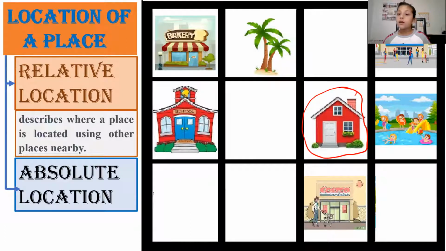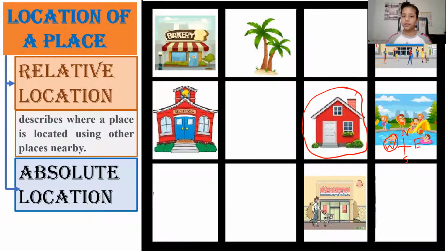So, my house is 1 mile west from the swimming pool. See? If I make a compass, my house is on the west side from the swimming pool. Okay, that's what relative location is.